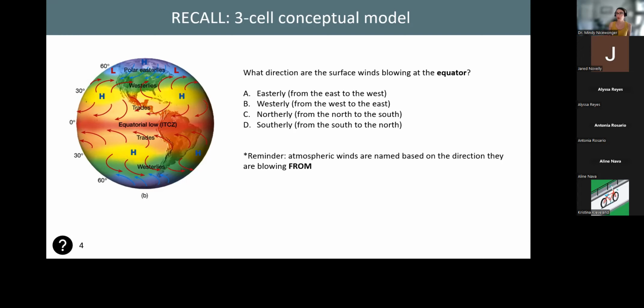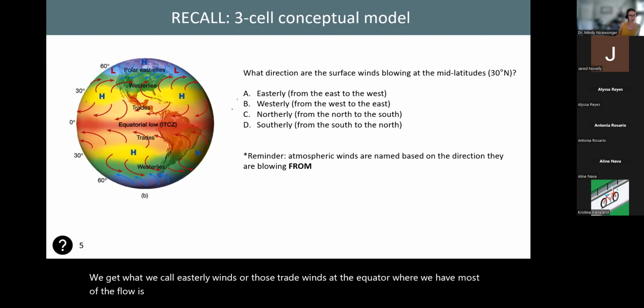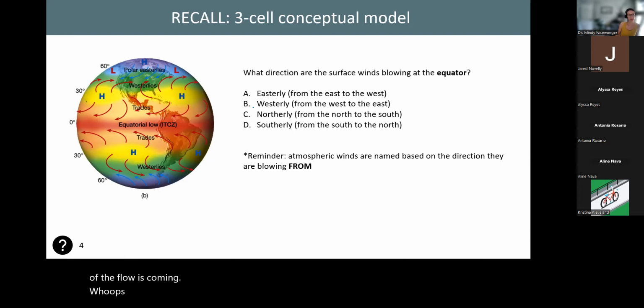All right. So at the equator, if we remember, we get what we call easterly winds or those trade winds, where most of the flow is coming from the east to the west. Those are the trade winds, right?